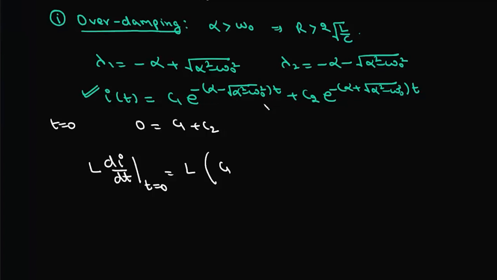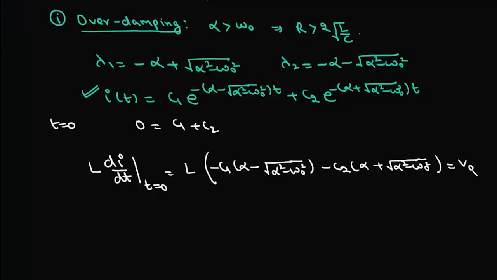exponential function, its derivative will be minus alpha minus under root of alpha square minus omega naught square into e to the power 0 is 1, and plus C2, and again its derivative, so there will be minus C2 alpha plus under root of alpha square minus omega naught square, and this is equal to V0.